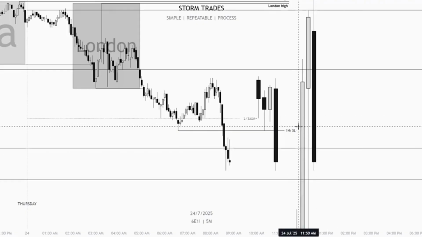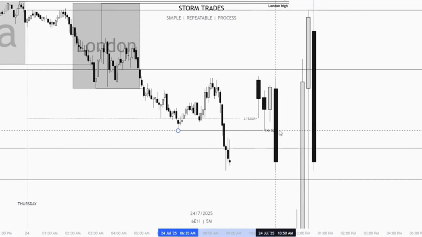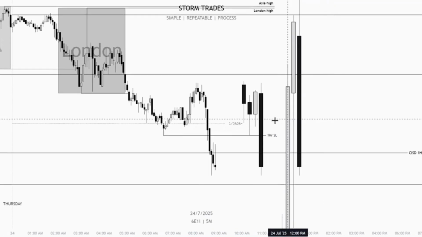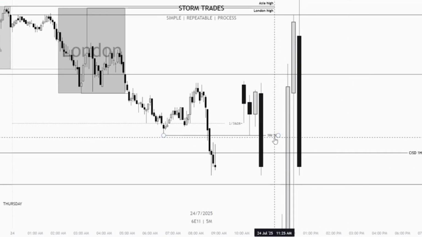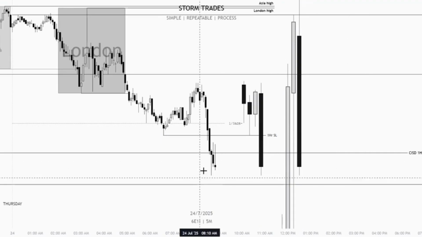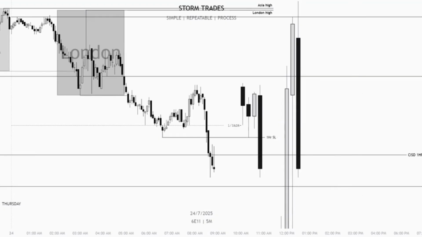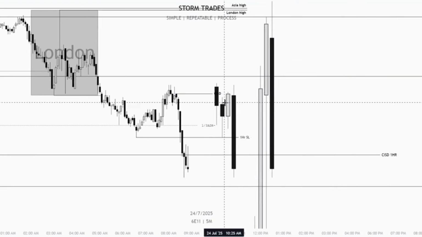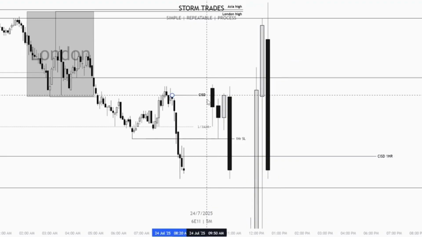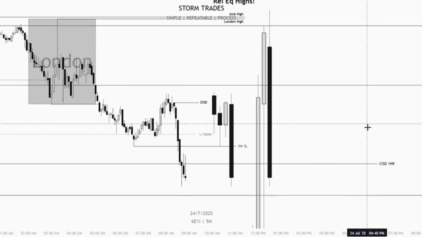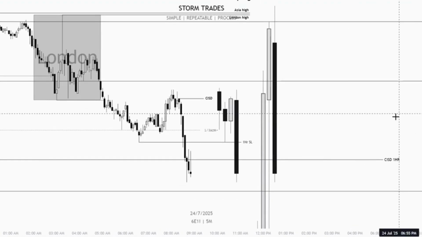All right. Now, we already have our sweep, right? We have a sweep of an hourly swing low here, which is what we need in order to start hunting for bullish action. We either need a sweep of some sort of hourly swing point or an hourly bullish fair value gap. Now, I'm going to mark off these series of down close candles as a change in the state of delivery, and I'll be watching for price to come up, close above that with some sort of displacement prior to getting involved.